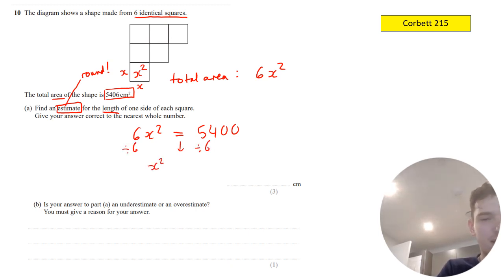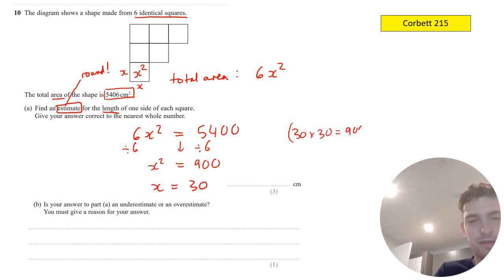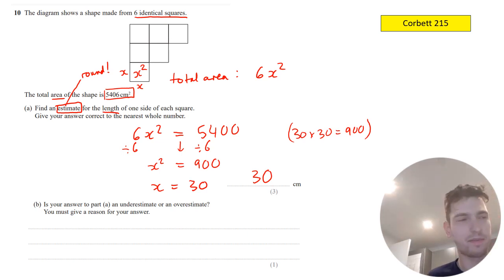So you get x squared equals 900. And what happens when I square root it? Well, I get a nice round answer of 30, because 30 times 30 does give me 900. So that is my answer for x.